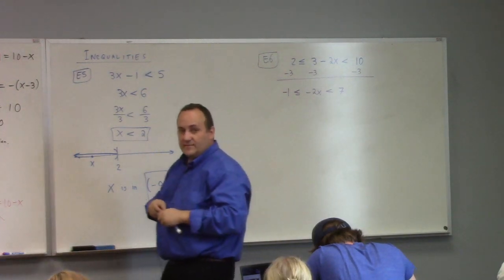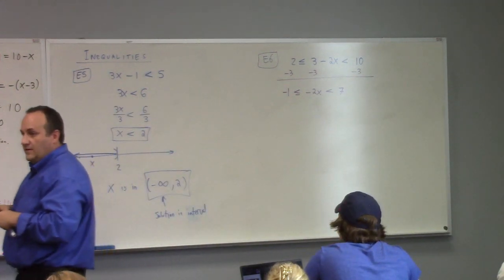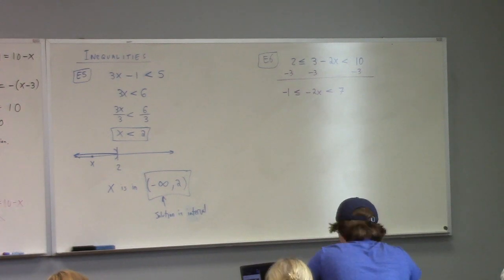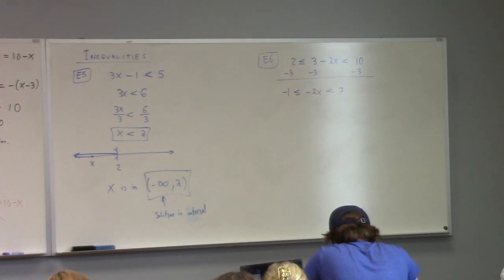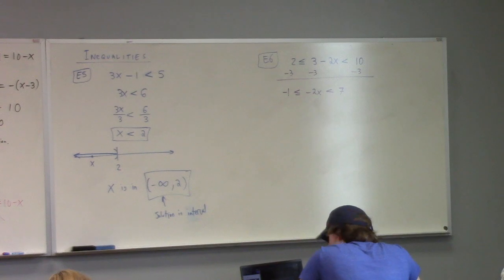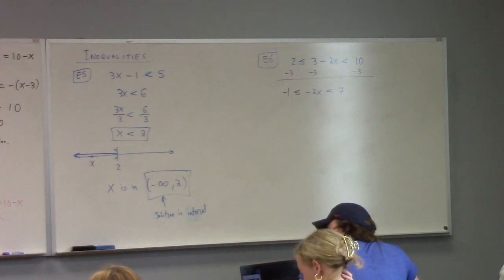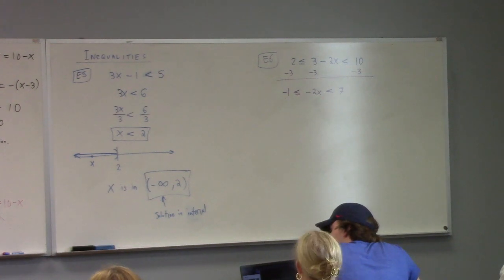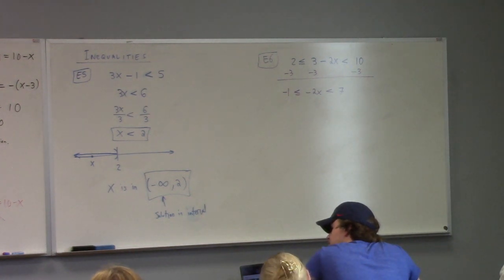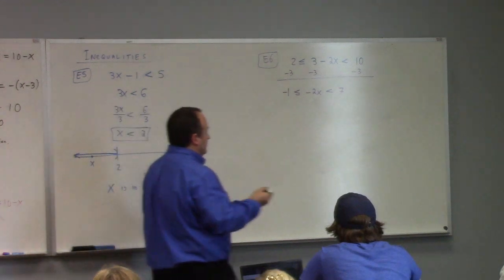We want to isolate x, right? Now here's where it gets a little dodgy. I've got that minus 2. When you divide by minus 2, you must remember division by a negative number or multiplication by a negative number flips the inequalities. So less than becomes greater than.